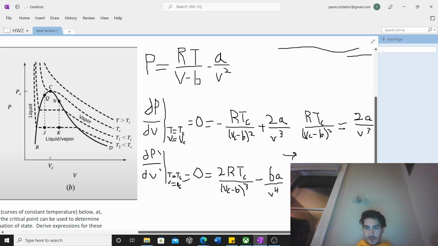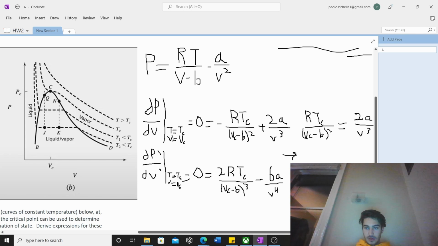That is our first equation. And for our second derivative here, we have 2 times R times the specific temperature at the critical point, all over Vc minus b, which is the volume at the critical point minus the constant b.